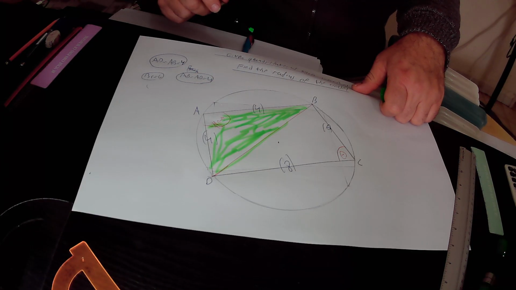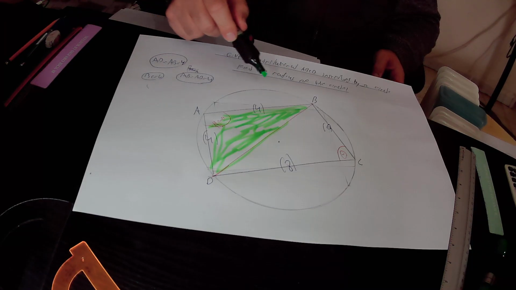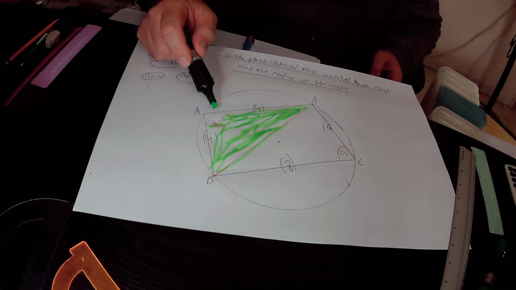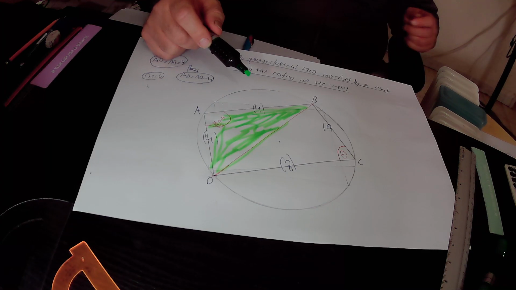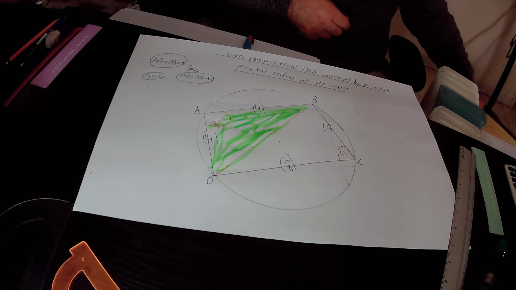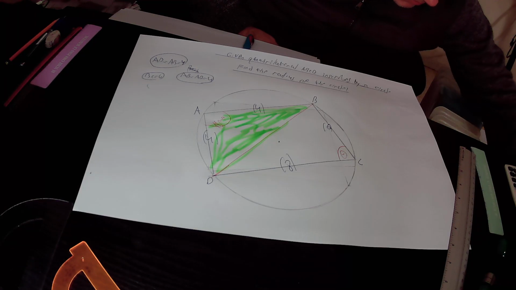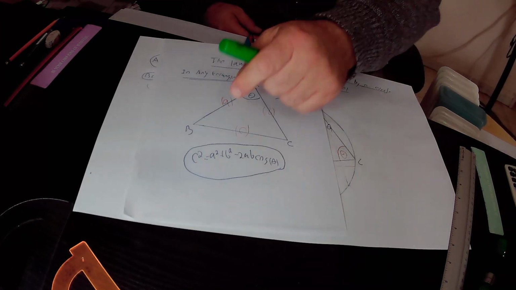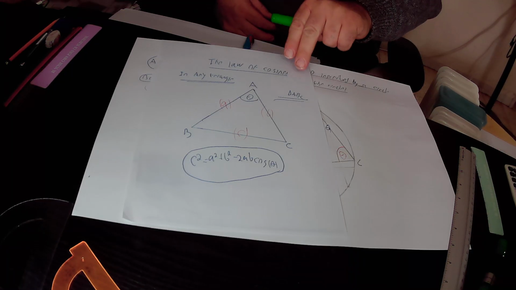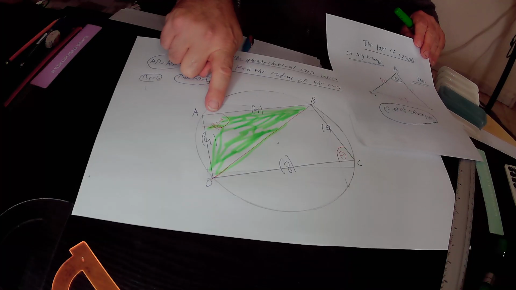We choose angle theta, and this angle BAD is equal to 180 degrees minus theta. Angle theta is from the original law, the law of cosines. We're talking about this angle theta. So in our green triangle ABD, this is angle theta.